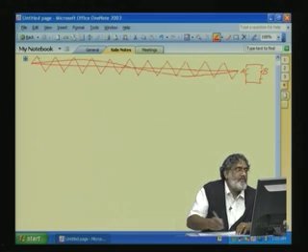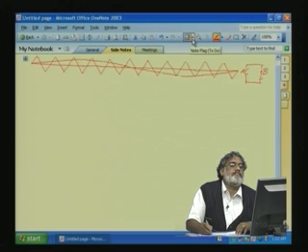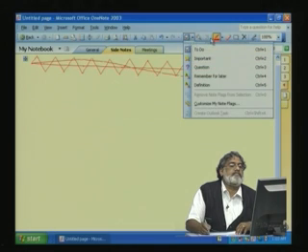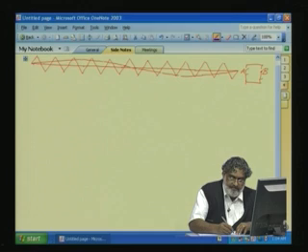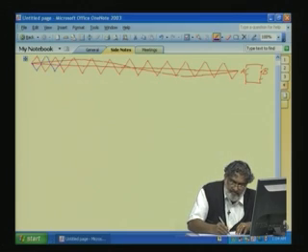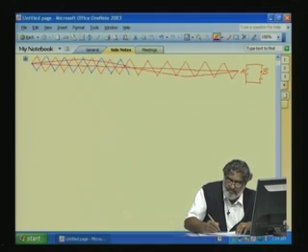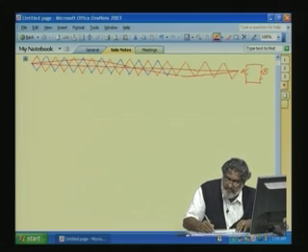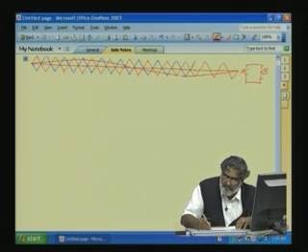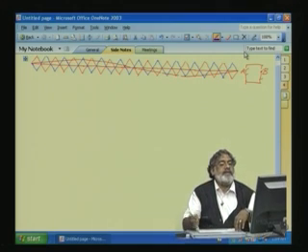Okay, let us draw the inverted one with a different color. This is 180 degree phase shifted.